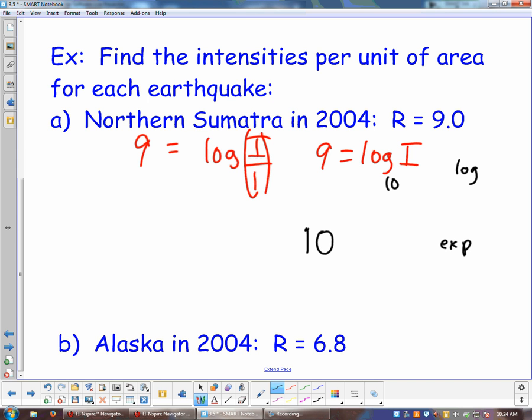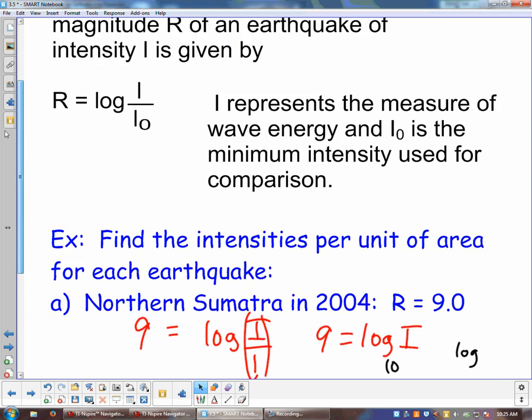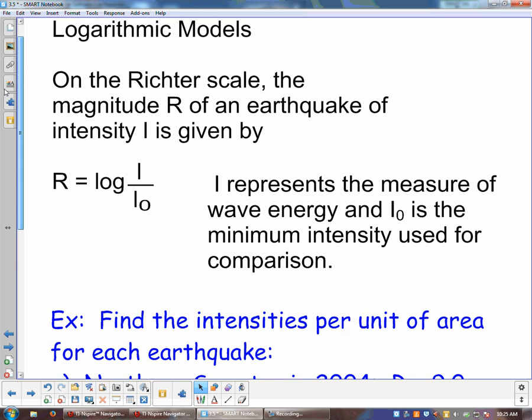So 10 raised to what power? 10 to the 9 equals I. So the intensity would be 9 zeros, correct? So is that 1 billion? Would you agree? 10 to the 9th? All right, so 1 billion. I don't know if we talked about what units that would be measured in. Just a measure of the wave energy.